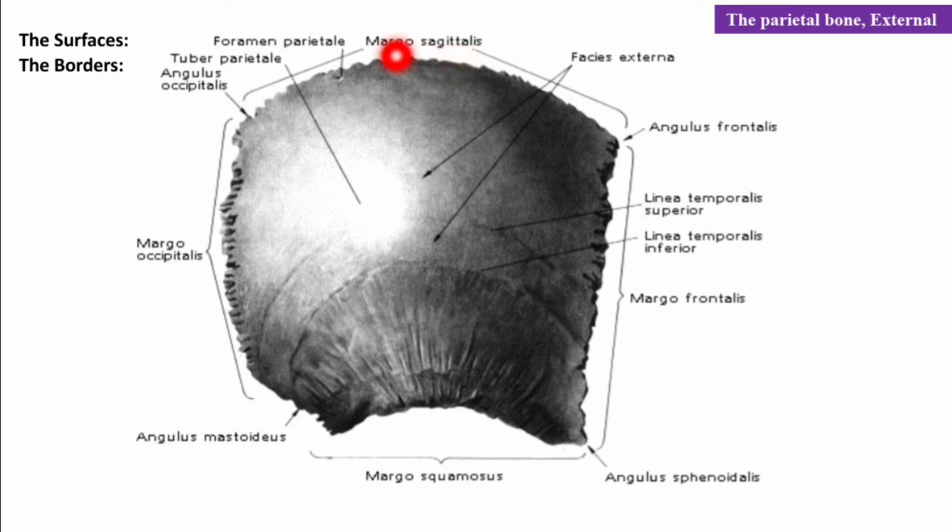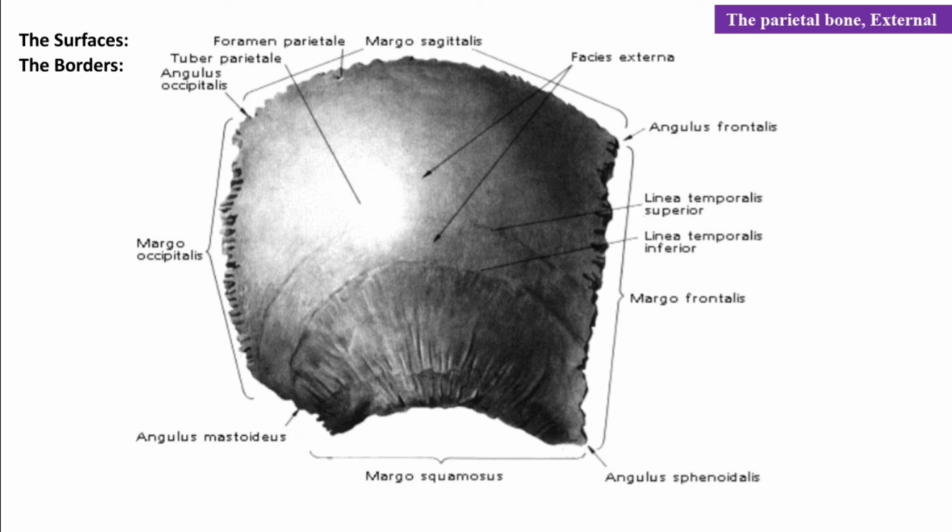Still on margins: margo occipitalis, for articulation with the occipital bone; here there is articulation with the frontal bone, called margo frontalis; and down, margo squamosus, for the articulation with the squamous part of the temporal bone. We'll cover it later.